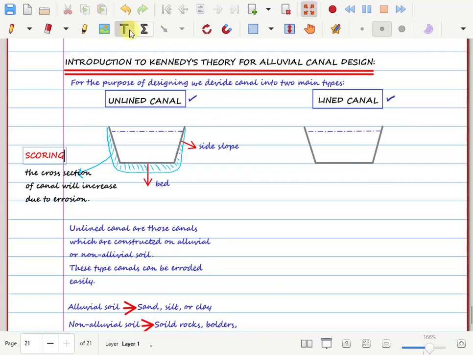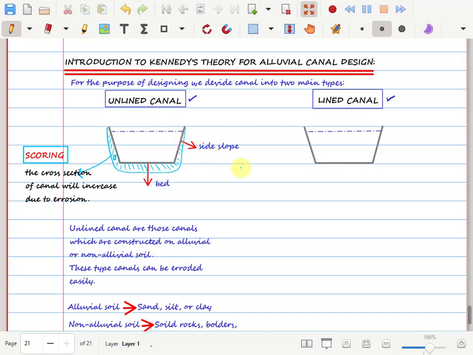This is defined with a term known as scouring. Okay, so what is scouring? Whenever the shape of your canal changes and the cross-sectional area of the canal increases, that is called scouring. And this scouring happens because of erosion.